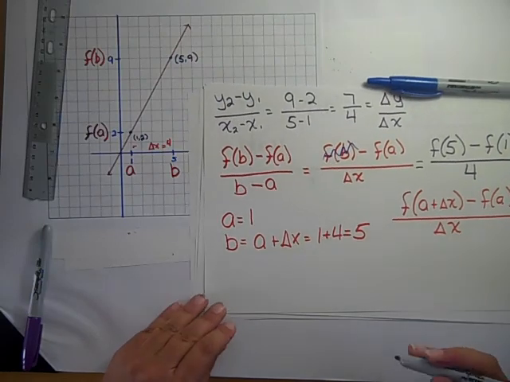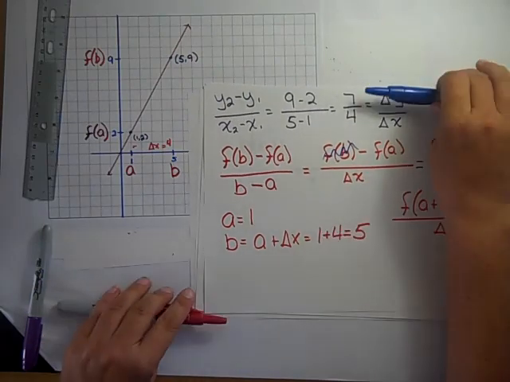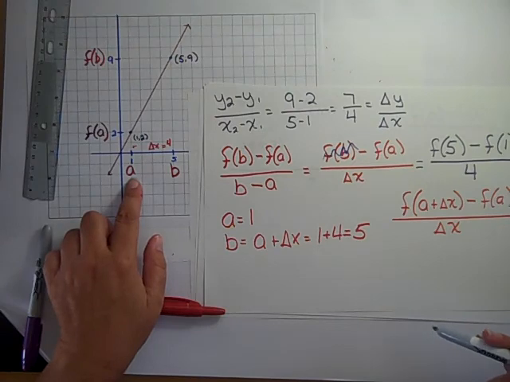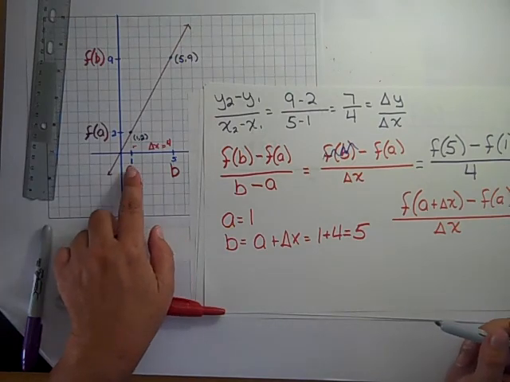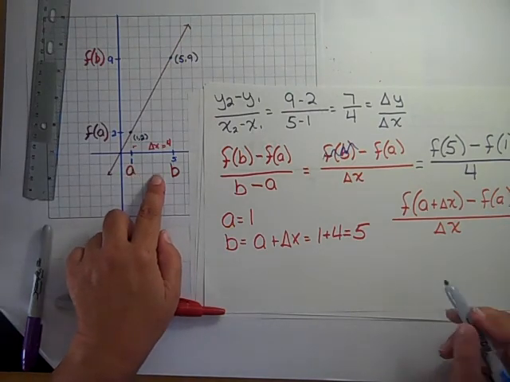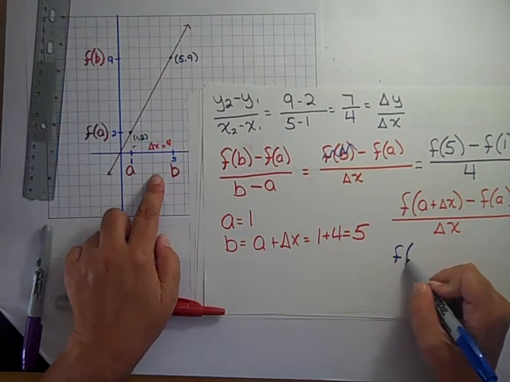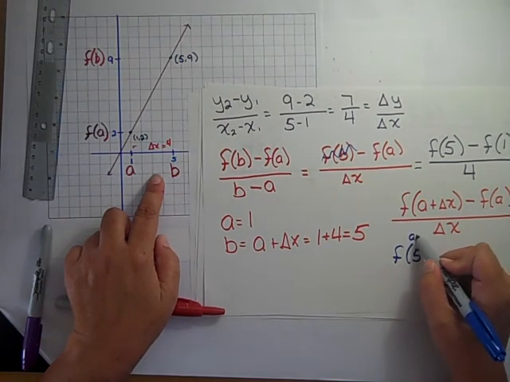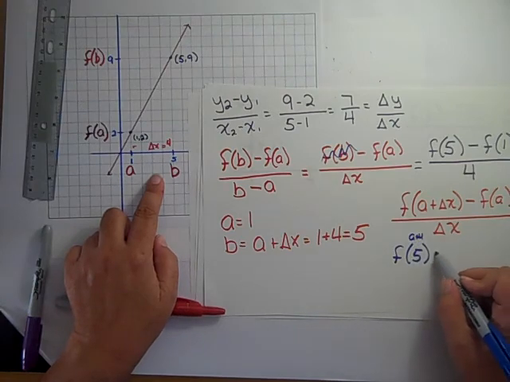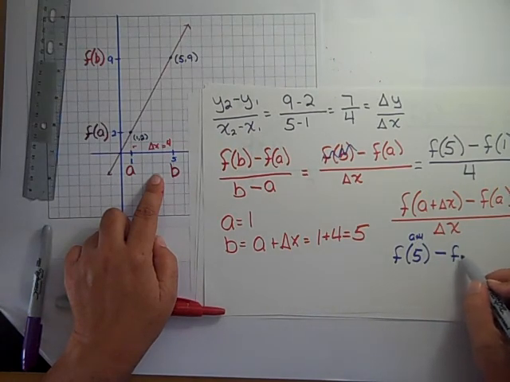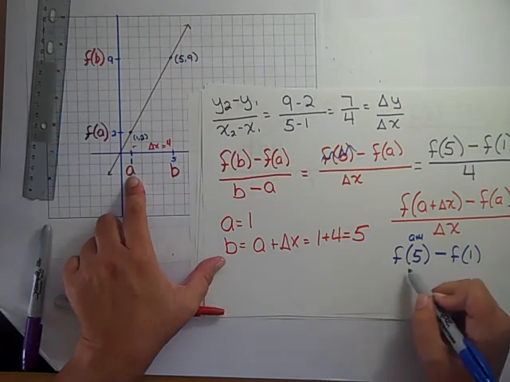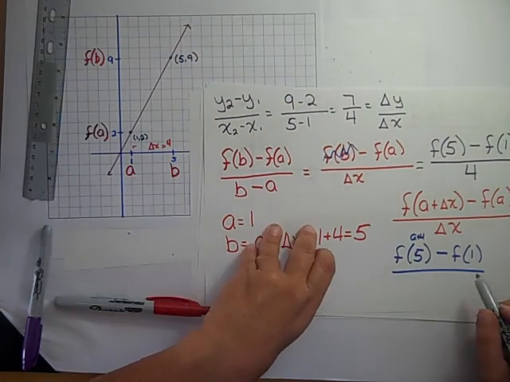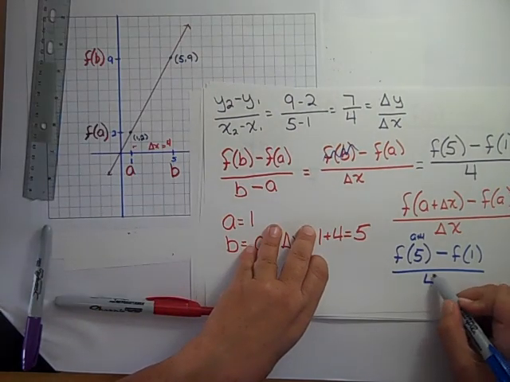Again, that sounds a little crazy, but it works. So f of a plus delta x, that'd be f of a plus 4. So that would be f of 5, right? A plus 4 minus f of a, which is f of 1, all over delta x, which is 4.